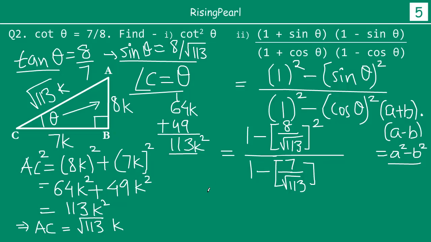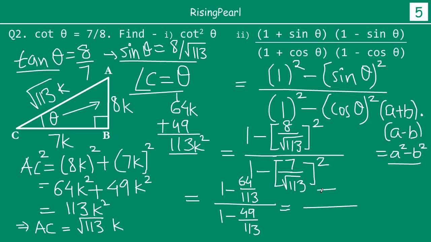And then if you were to solve this, what you will get, this is 1 minus, so 8 square is 64 divided by 113, because square root of 113 multiplied by square root of 113 is 113. Denominator you will have 1 minus 7 square, 7 square is 49 by 113. So you just have to solve this fraction.